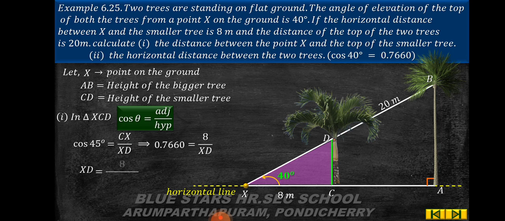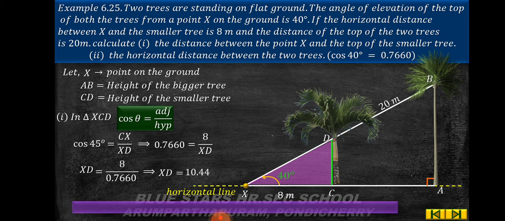So XD is equal to 8 divided by 0.7660, which implies XD is equal to 10.44. Therefore, the distance between X and the top of the smaller tree, that is XD, is equal to 10.44 meter.